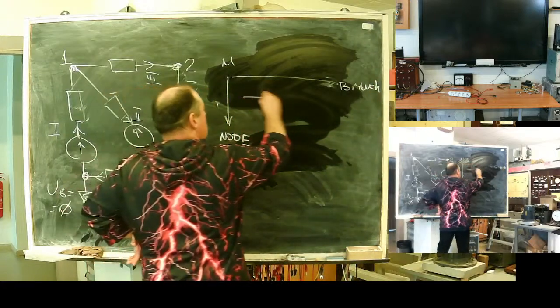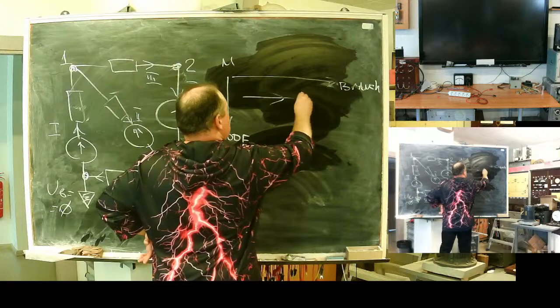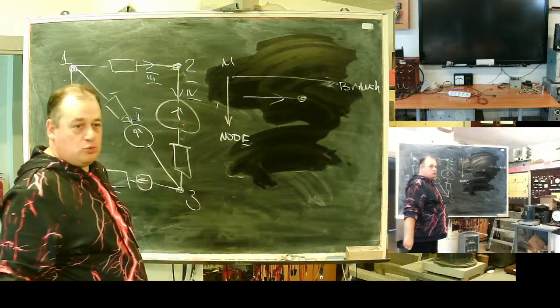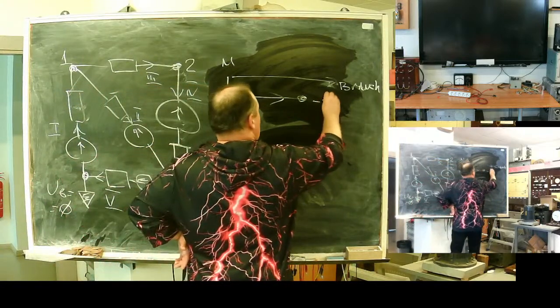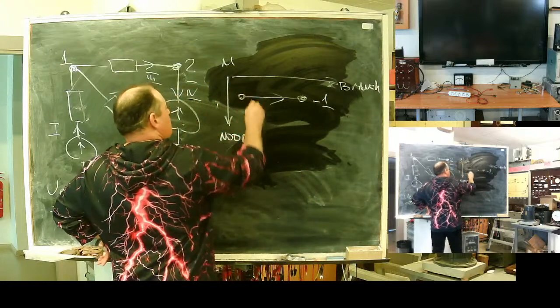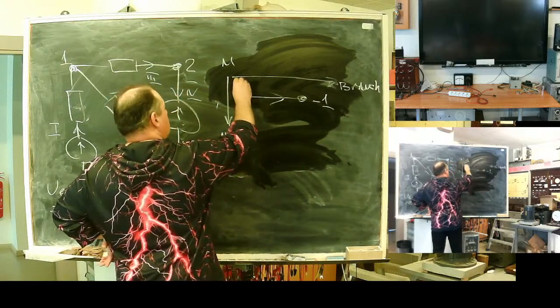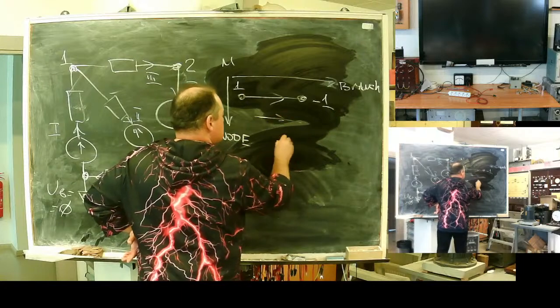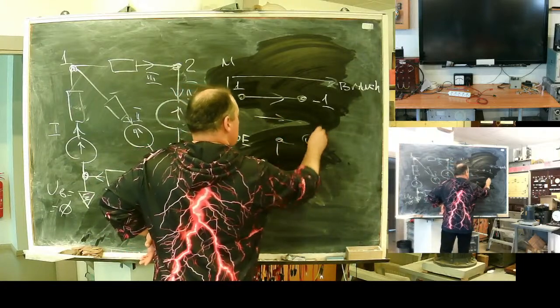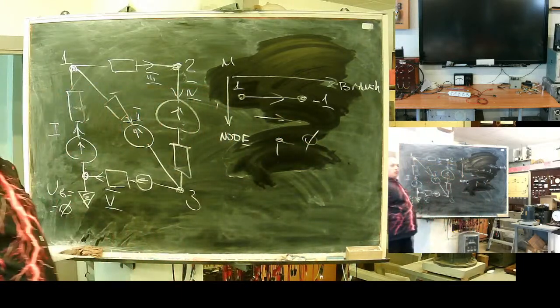If a branch inflows into a node, -1 should be written. If a branch flows from a node, 1. If there is no connection, I will write a 0.